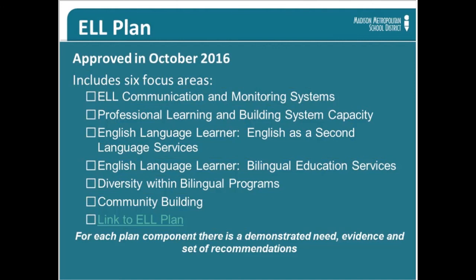And then, just so that you know, we do have an ELL plan that was approved in the year 2016 that, if you have a desire to learn more, you can find on our website, and it specifies the areas that are priorities for us to continue to make improvements on behalf of our students.